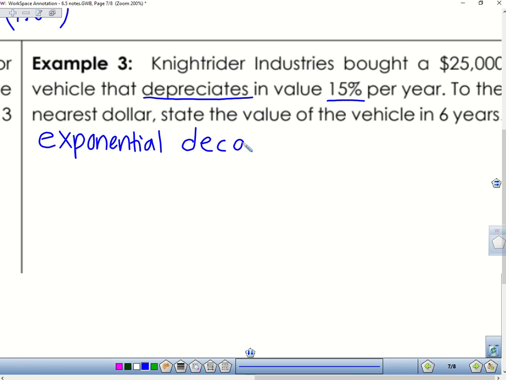So there's a few different clues that tell us this. The value is a percent. They do not use the word continuous. And they use the word depreciates, which means goes down, which means it's decay.